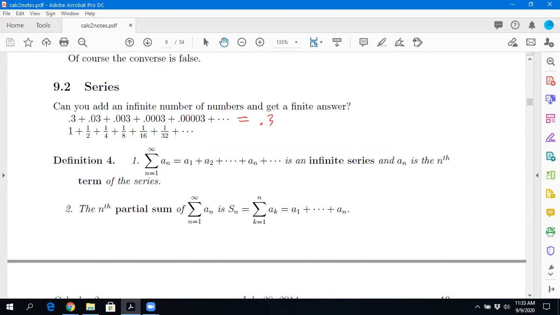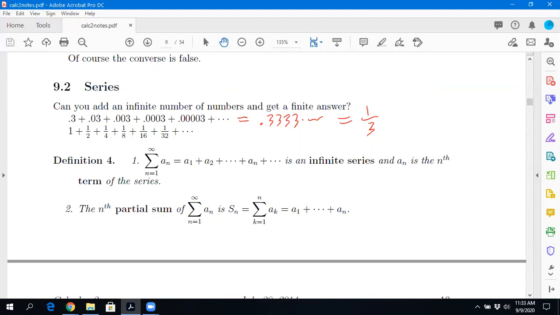This is 0.3333 repeating. And you guys all know that that's a third. So there you can see that something mysterious is going on, where it is possible to add up an infinite number of things and end up with something finite.